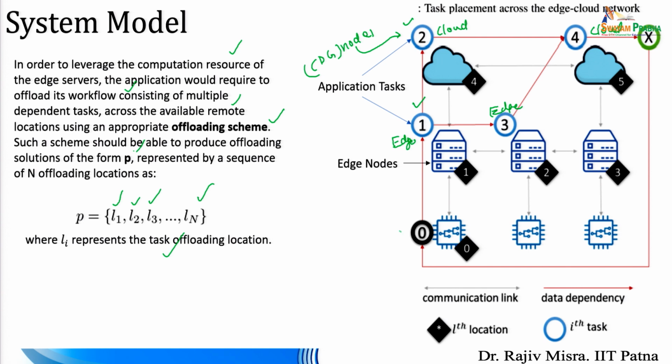Similarly, this 0 is offloaded to the device, that is the IoT device. Here you can see that there is a communication link and here there is a data dependency. Red means data dependency, that means this is captured as a data dependency, and otherwise this is a communication link.